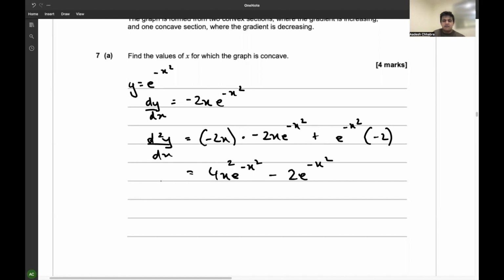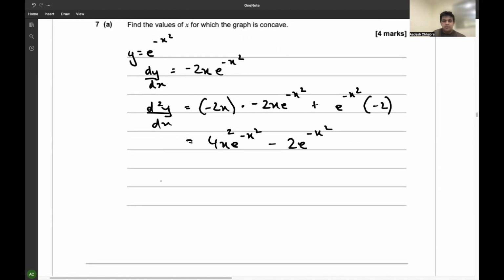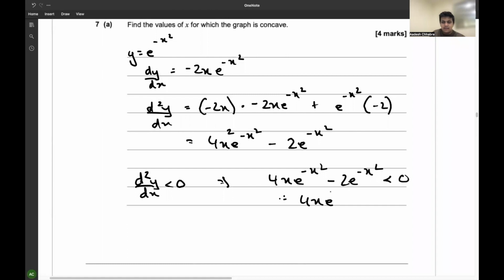So like I said, for concave, we need the double derivative to be less than 0. And so we know that 4x squared e to the power minus x squared minus 2 e to the power minus x squared must be less than 0. And thus we know that 4x squared e to the power minus x squared must be less than 2 e to the power minus x squared, where our e to the power minus x squared terms get cancelled out.